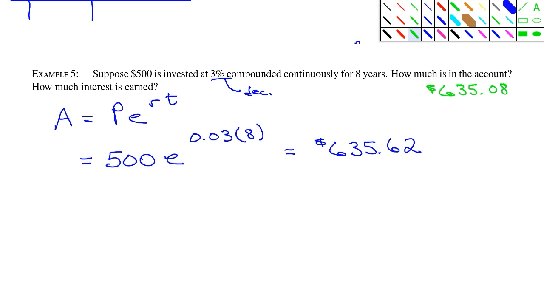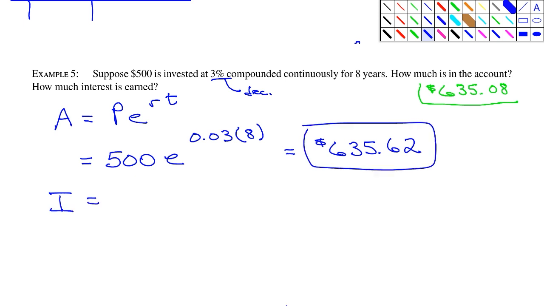And so the difference is not that significant. It did not blow up on us. We did not become billionaires. And that's just the way it works. So that's the amount in the account. Let's find the interest. Interest is amount minus principal. So it's 635.62 minus 500.